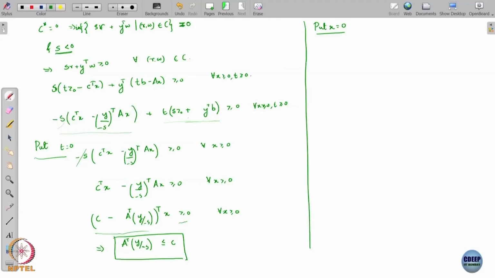So, all I am left with is the second term, which means I have t times (s z 0 plus y transpose b) greater than or equal to 0 for all x greater than or equal to 0 and t greater than or equal to 0.